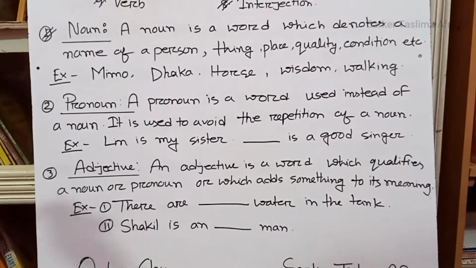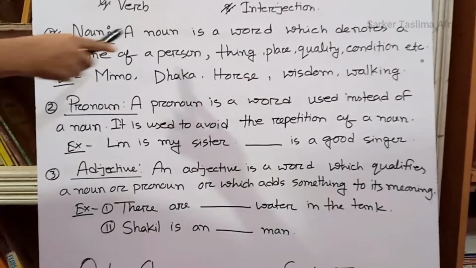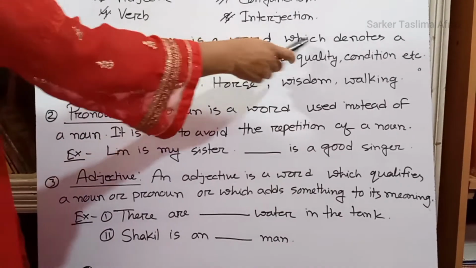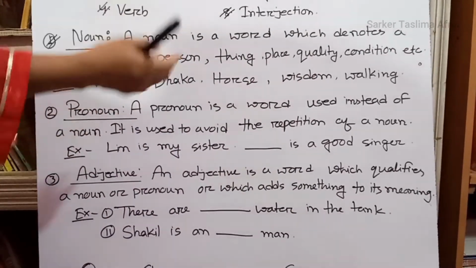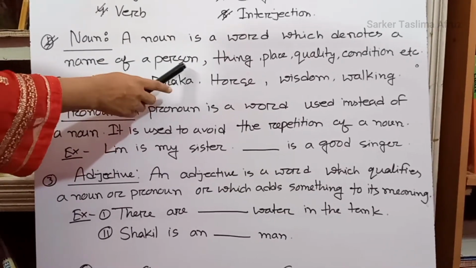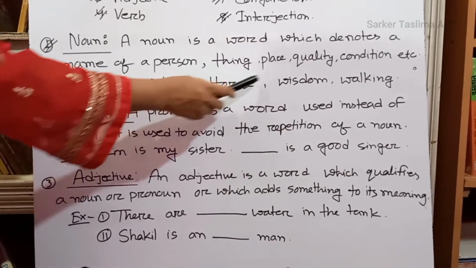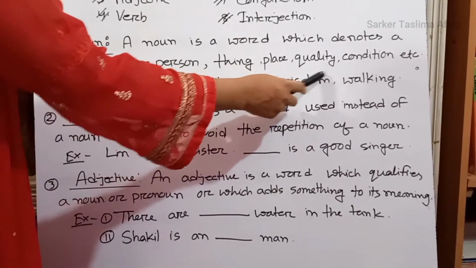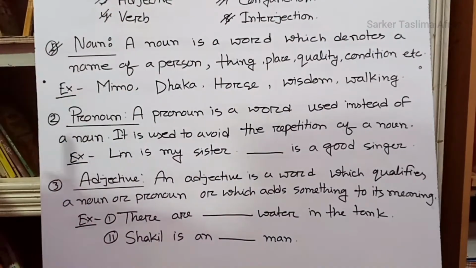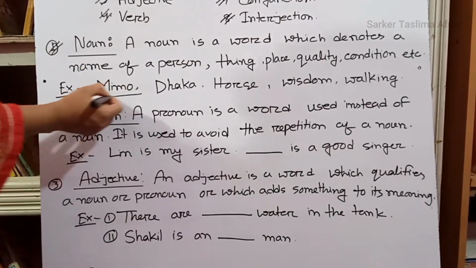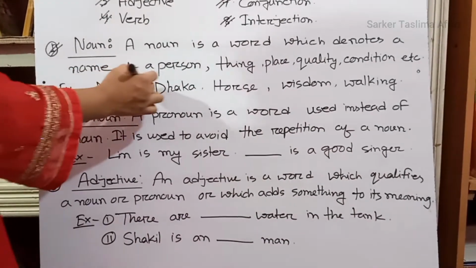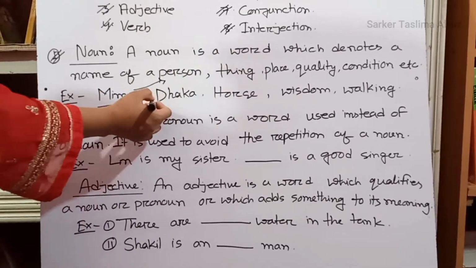Well, dear students, now we can say in brief, a noun is a word which denotes a name of a person, that means any kind of name, maybe person, thing, place, quality, condition, like this. Here are some examples for you. You can see Mou, it's the name of a person, a lady.